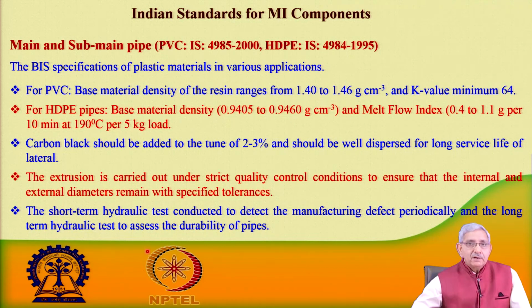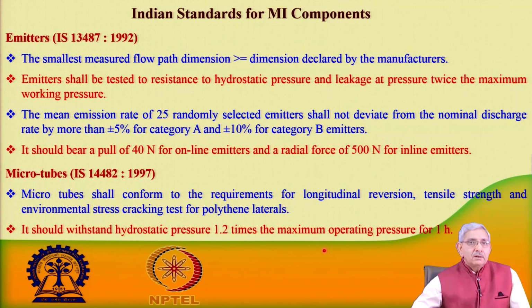Short term hydraulic test is to be conducted to detect the manufacturing defect periodically, and the long term hydraulic test to assess the durability of the pipeline. So, the pipe should withstand the hydraulic resistance, it should withstand the tensile part, and it should withstand the black carbon.